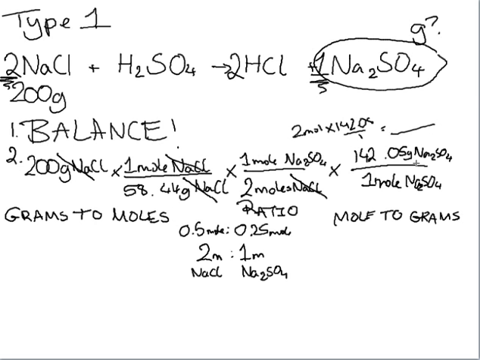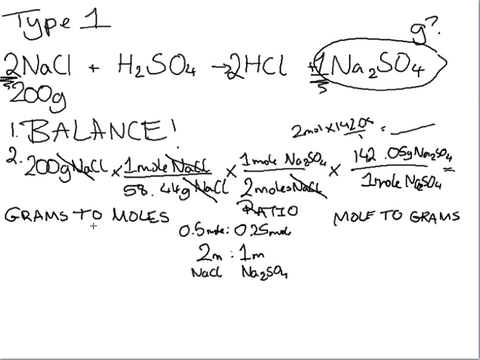So that's what we're doing right here. It's really simple, because after doing all this we get the number of moles, and then we need to find out how many grams are in that number of moles. That's it. That's all the steps in a type 1 reaction.